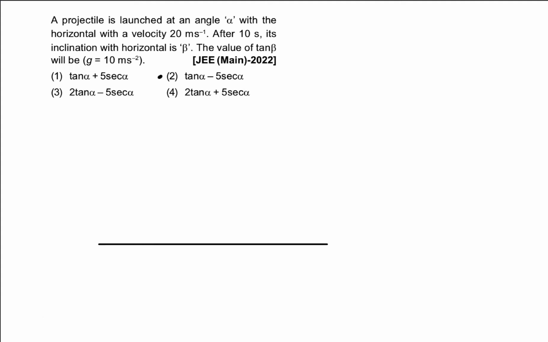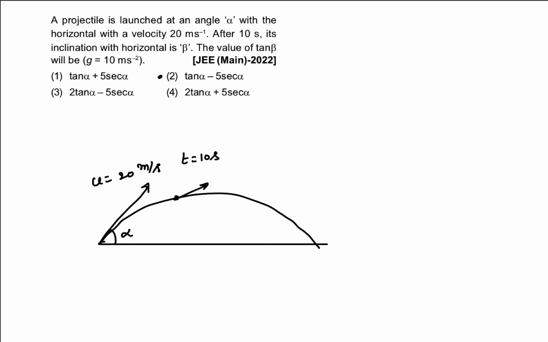You see here, it is projected with alpha, u is equal to 20 meter per second. After 10 seconds, t is equal to 10 seconds. Initially 0 is there. The velocity is making angle beta. This Vx is equal to Ux only.